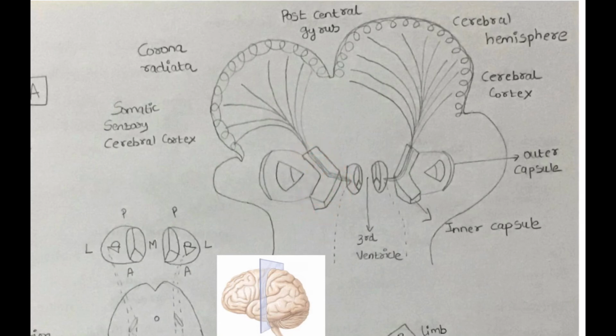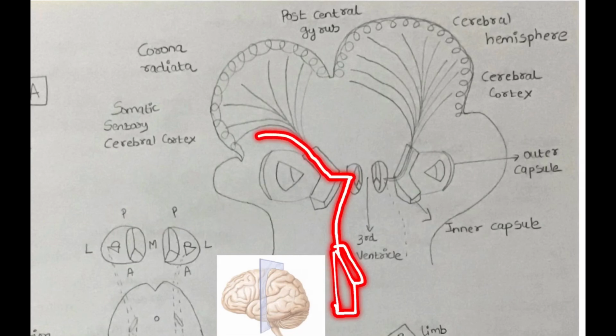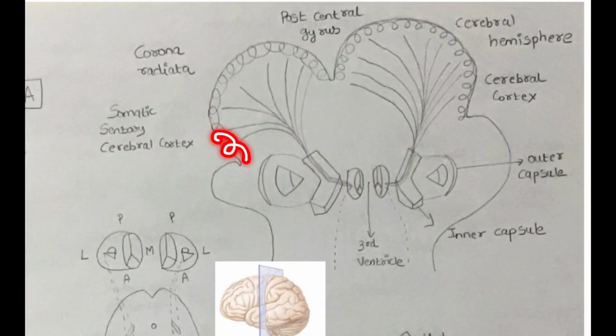From the medial lemniscus tract, the sensory nerve fibers go to the third order neurons in the nucleus of the thalamus, and from the third order neurons they go through the posterior limb of the internal capsule to the post-central gyrus, and from the post-central gyrus to the cerebral cortex.